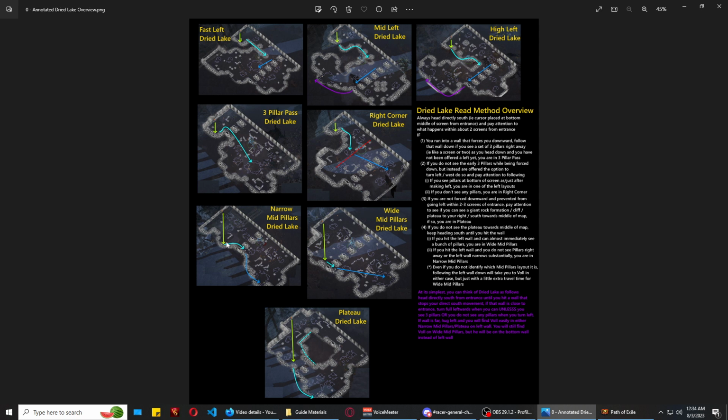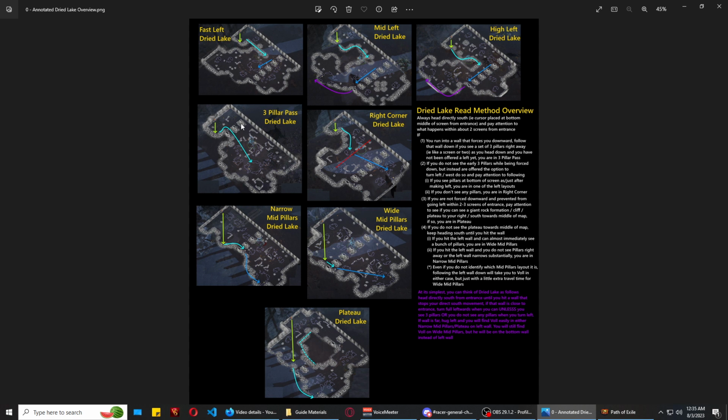So we're always paying attention to what happens directly south of the entrance within 2 to 3 screens, and then what happens as we navigate as a consequence. So in these upper half layouts, we're going to pay attention to position of pillars.